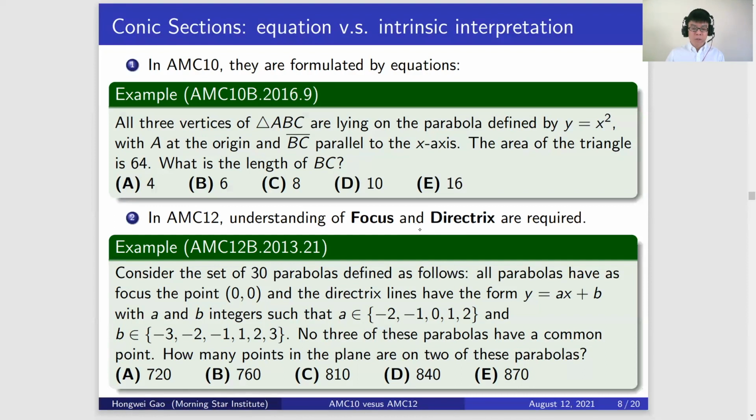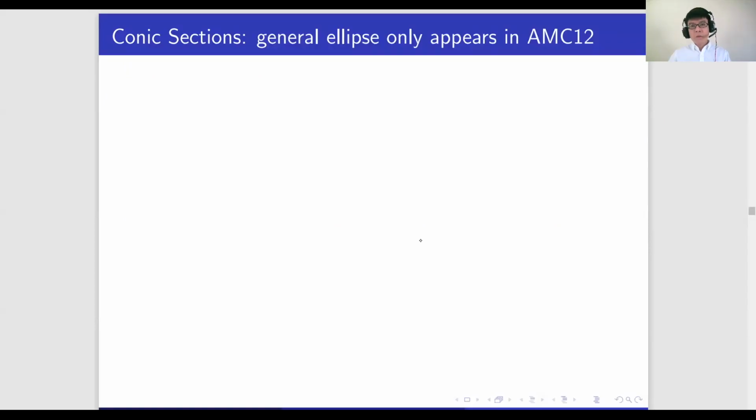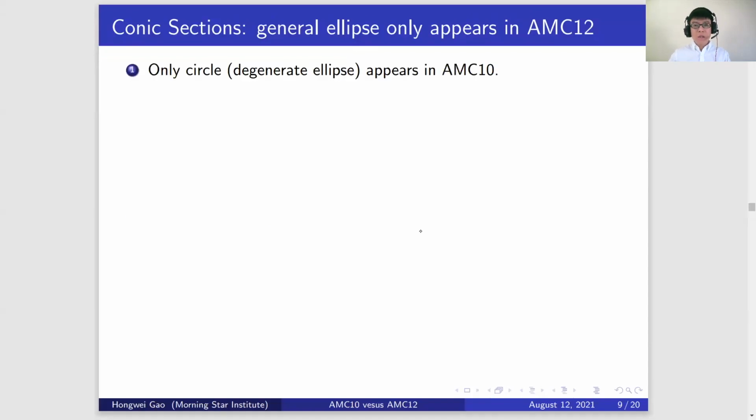To solve this problem, students must understand the meanings of focus and the directrix. Next one, topics related to ellipses. AMC10 only requires circles, which can be regarded as degenerate ellipses. It is quite common to have questions based on circles in AMC10, like the following example shows.